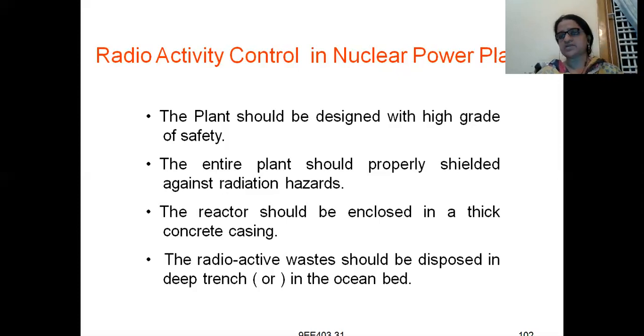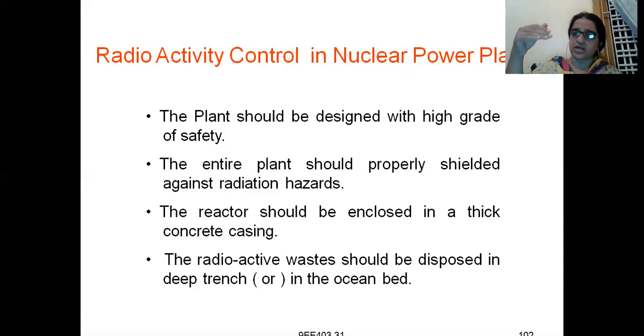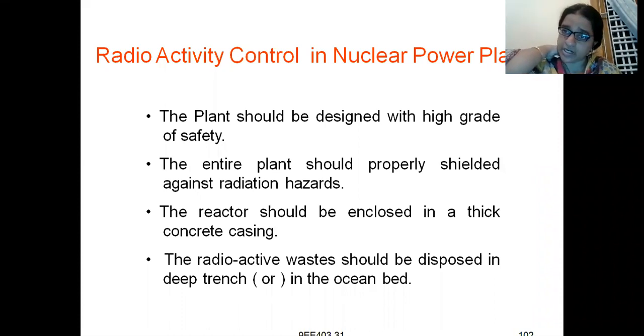What is a deep trench? We need to dig the ground or the earth surface to a greater depth, and then this radioactive waste should be disposed of. That is what is called a deep trench.